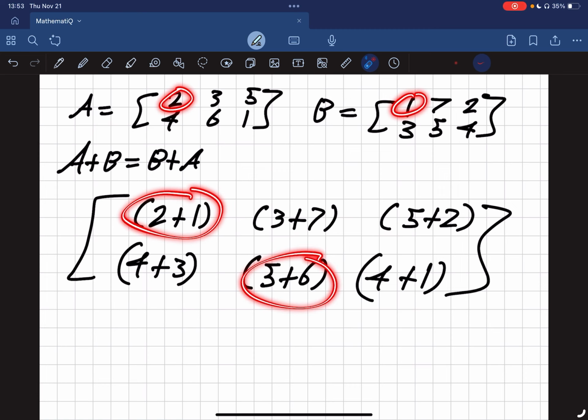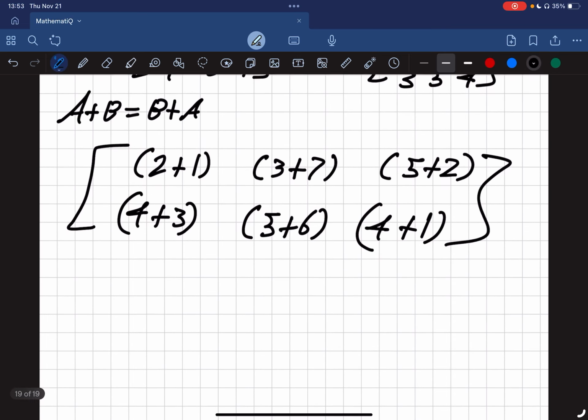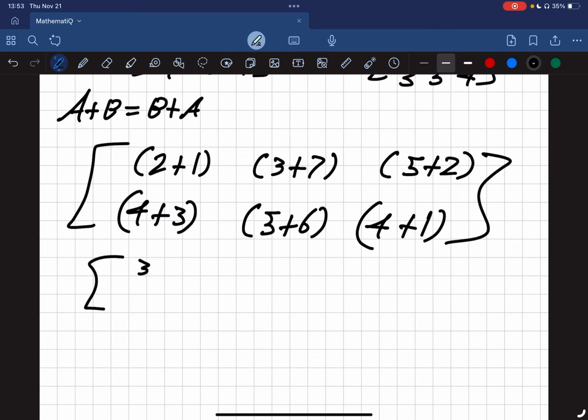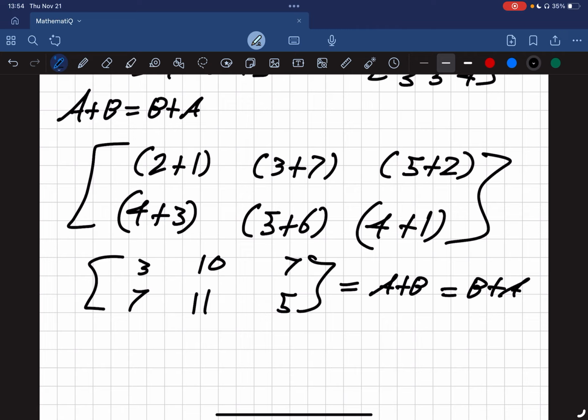And if we take like this, for example, that's just 6 and 5. This is just 4 and 1, so on and so forth. Okay, and simply, we just simplify this down. We get 3, 7, 10, 11, 5, and 7. Okay, so this is it. We're done. So this is equal to A plus B, or if you'd like, B plus A.